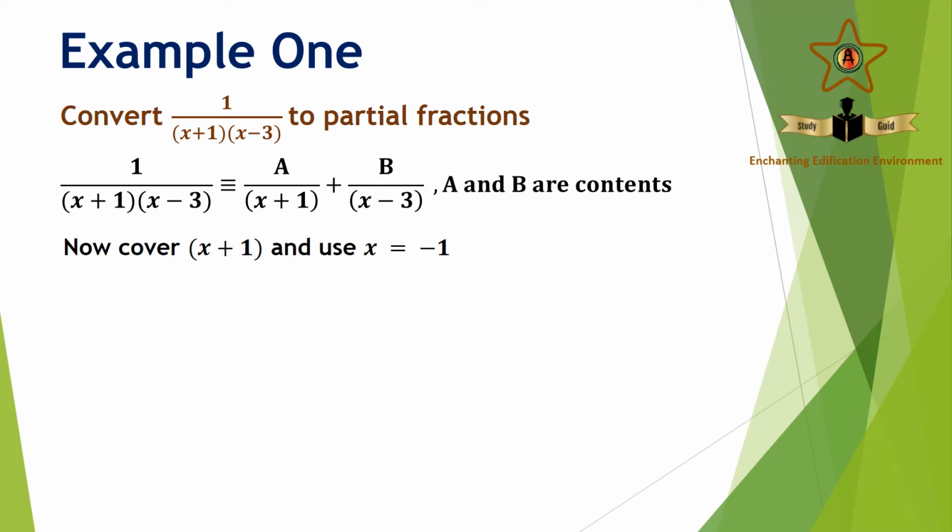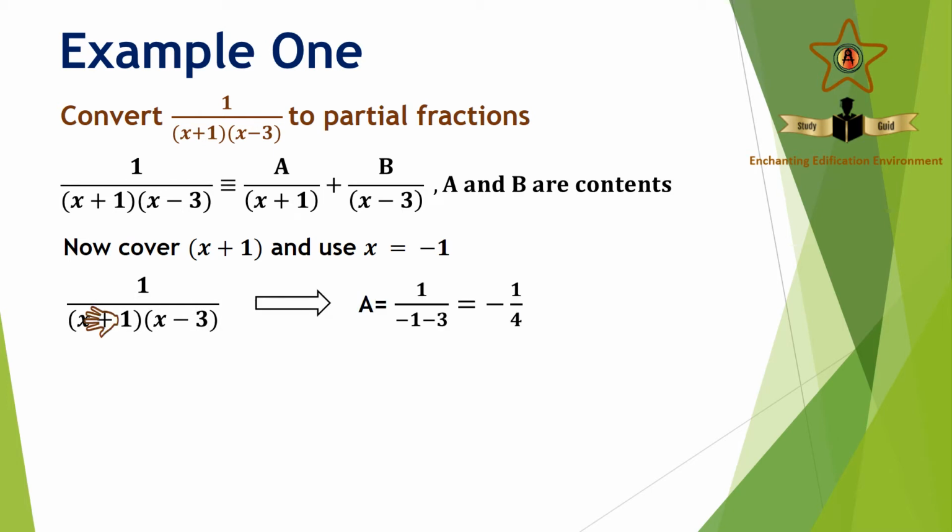Now we cover x + 1 and use x = -1. So we get a = 1 over (-1 - 3), that is 1 over -4, or -1 over 4. Then we cover x - 3 and use x = 3.